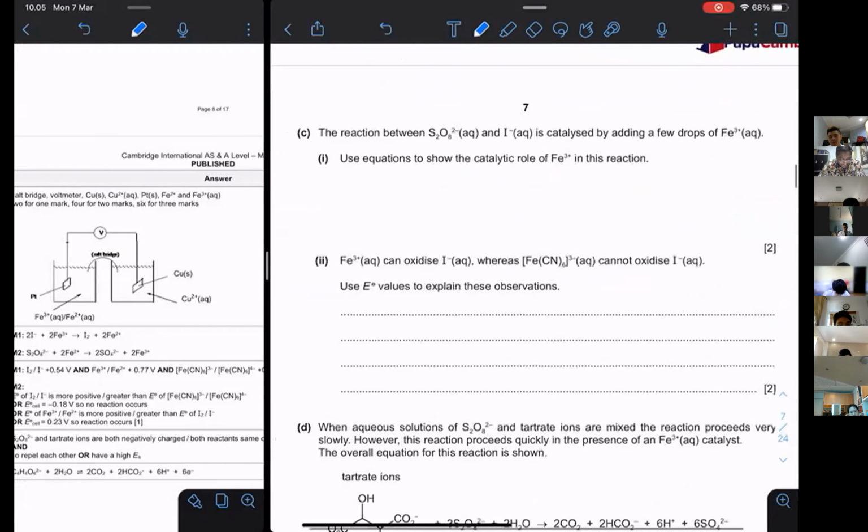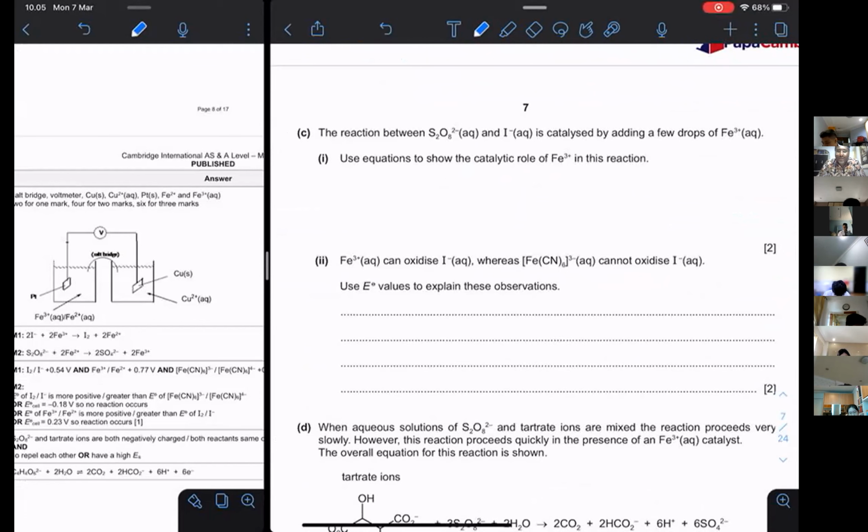Here, you need to remember, since you are not going to be given the data booklet. Sometimes, this is what I told you, when a data booklet is given, there are advantages and also disadvantages. For this question, if the data booklet is given, it will serve as an advantage.